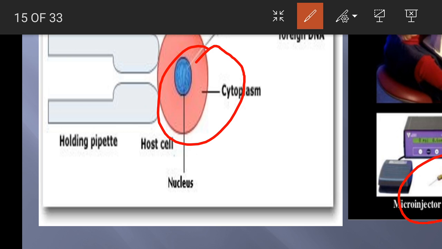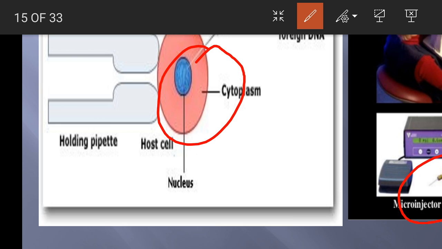In the next slide you will come to know how they are placed. We need to use an agar plate or agar medium where the protoplast is immobilized. Immobilized means it is fixed in a particular position in the low melting agar medium while working under a microscope, with the help of a holding pipette and suction force.